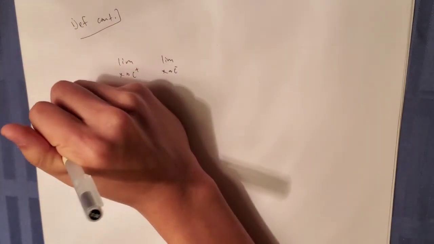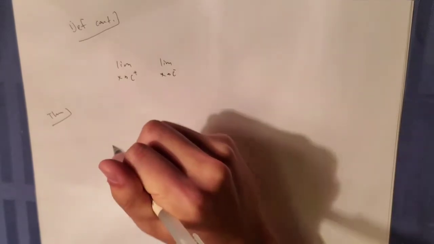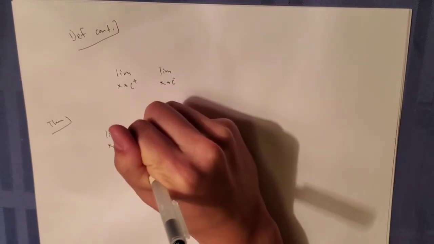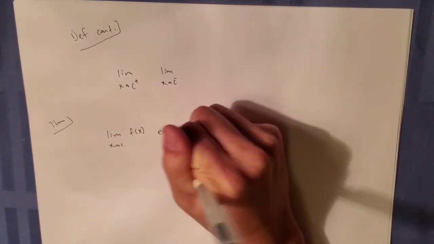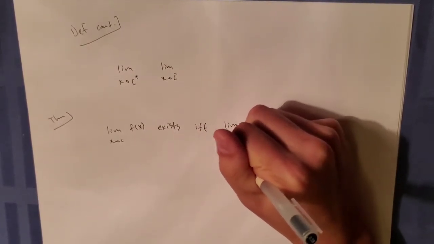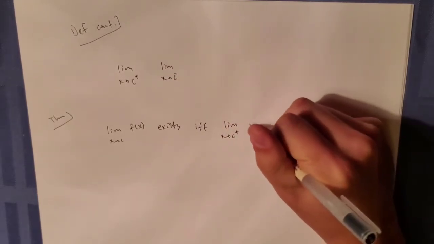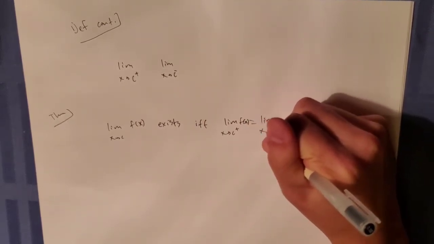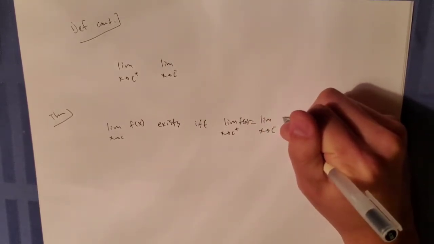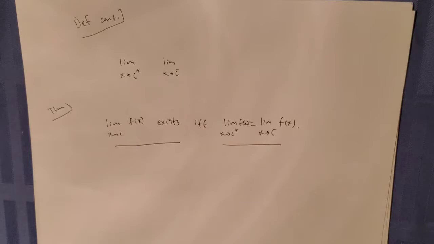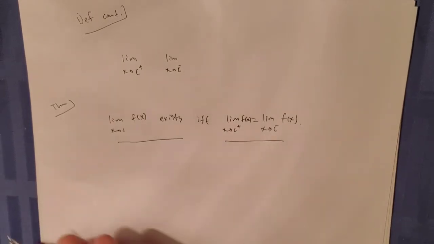So we have another theorem here that we can use with these definitions: the limit as x approaches c of f of x exists if and only if the limit as x approaches c from the positive side of f of x equals the limit as x approaches c from the negative side of f of x. So these two have to be equivalent in order for this to exist. That makes a little bit more sense, doesn't it?